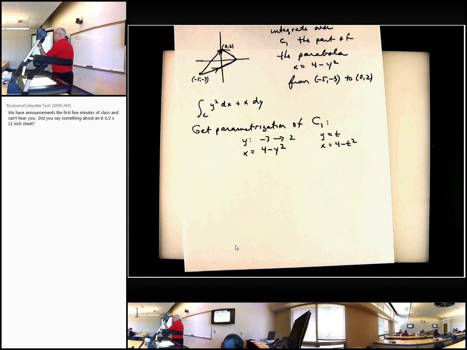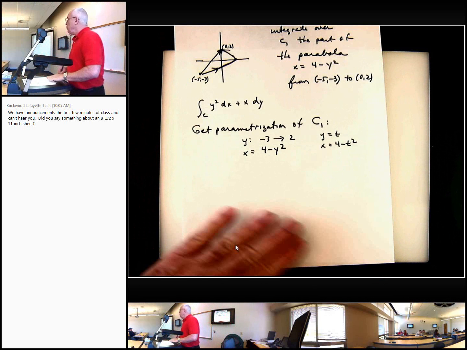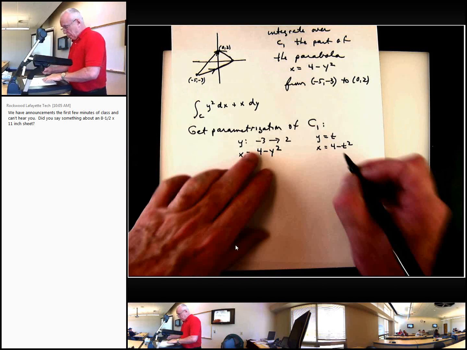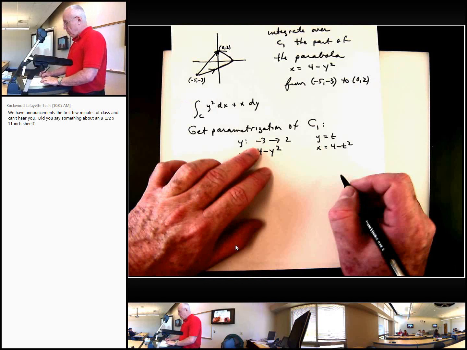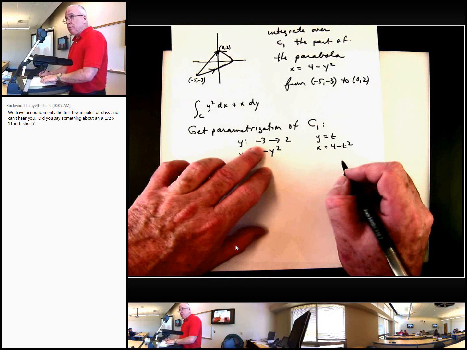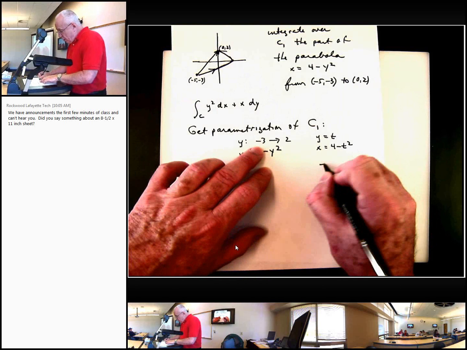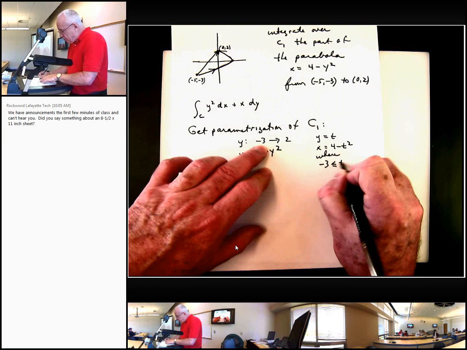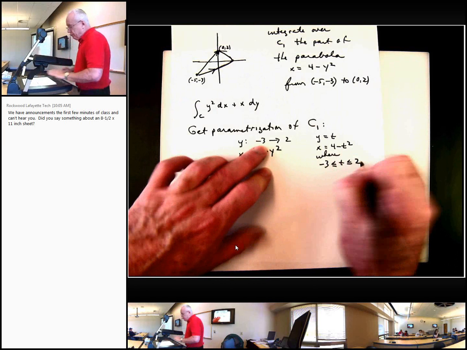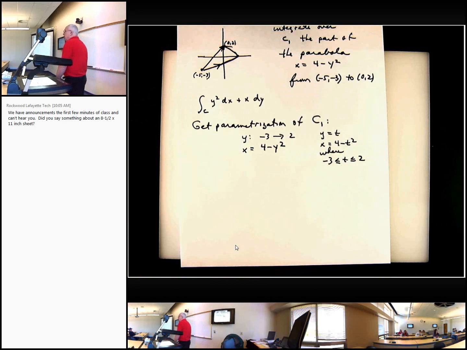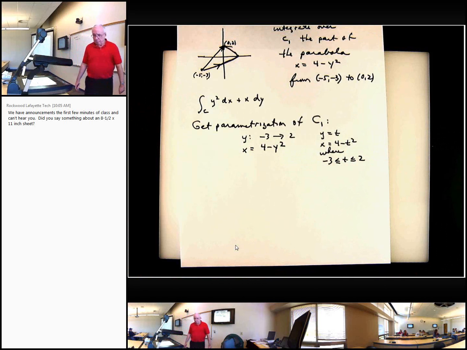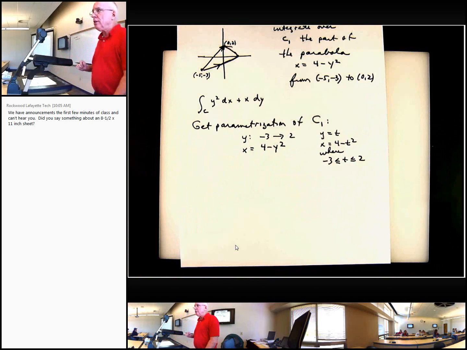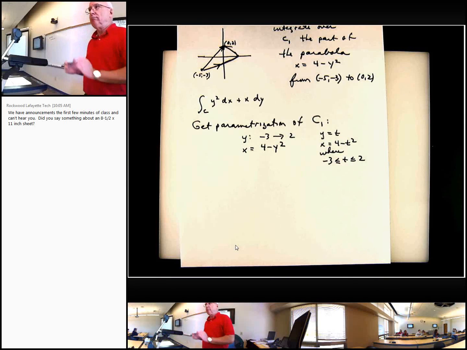What are our limits then on t? Our parameters then, our lower and upper limits. -3 to 2, exactly. So t goes from -3 to 2. So that's our parameterization. Question on getting that?